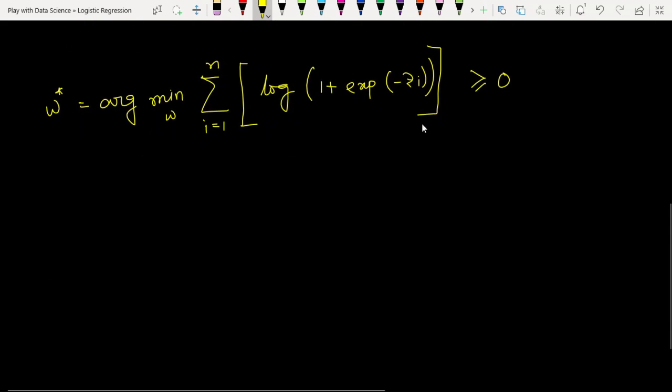So we find the minimum value. All the summation values are greater than or equal to 0. So what will be the minimum? It is very clear that the minimum value of this function will be 0.